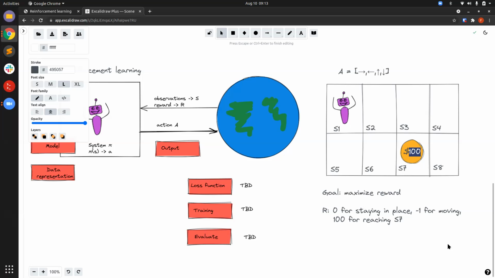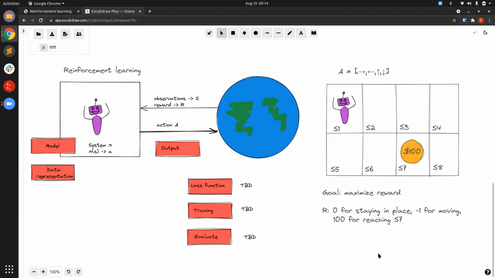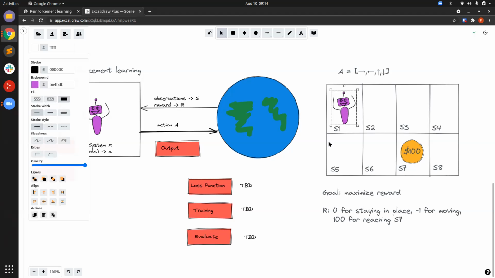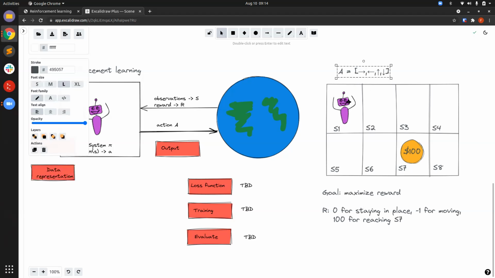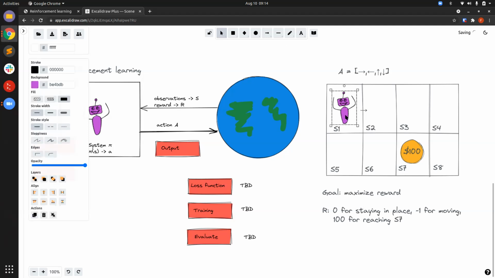So it might be stochastic. We also have state transitions, depending on the action. Now, in this toy example, everything is deterministic, which means if the robot decides its action is going to be to move right, then it always ends up in the state to its right.